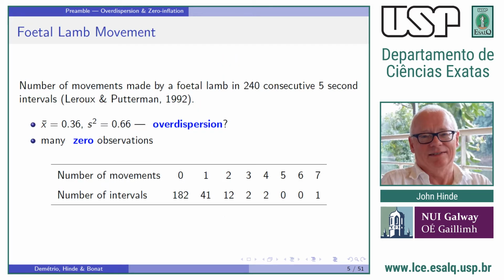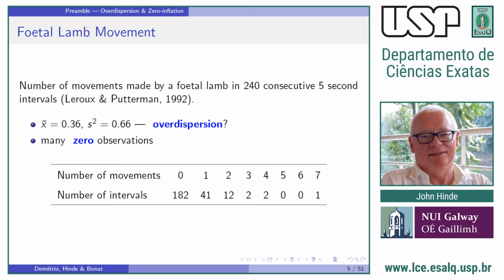Just to keep you all on base, here's a really simple example. There are no covariates, simply counts of movements of a fetal lamb before it's born, in the womb. They counted how many times it moved in 240 time intervals.